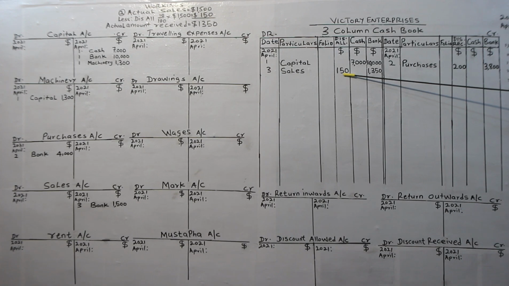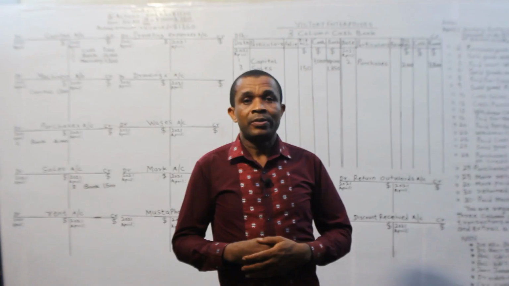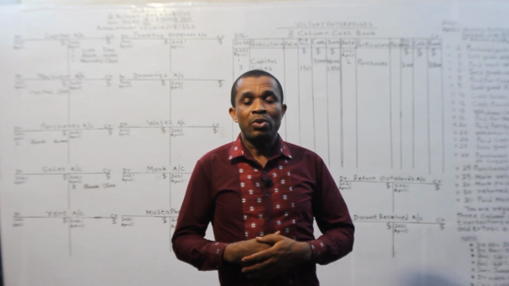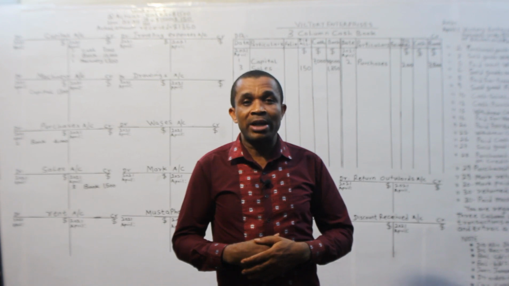result of discount allowed. April 5th, paid rent with check $500. When we pay rent, the cashier gives out money for the rent and is credited, while the rent account that causes the money to go out is the receiver and has to be debited.